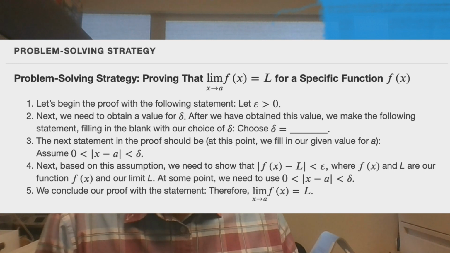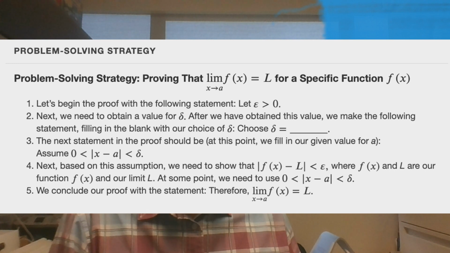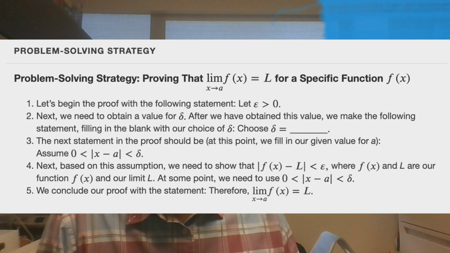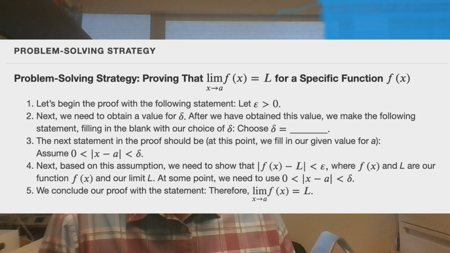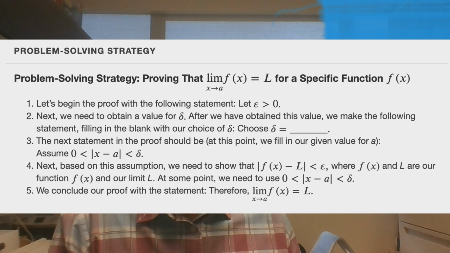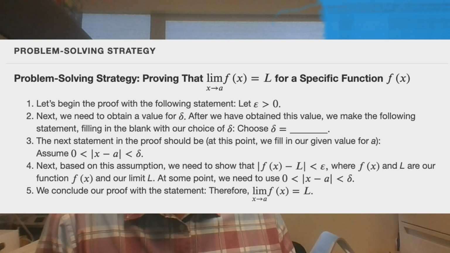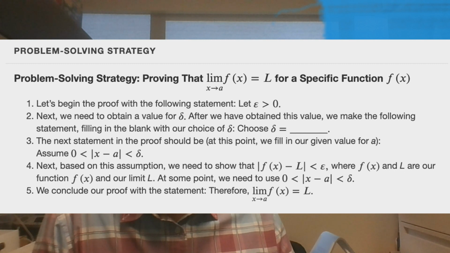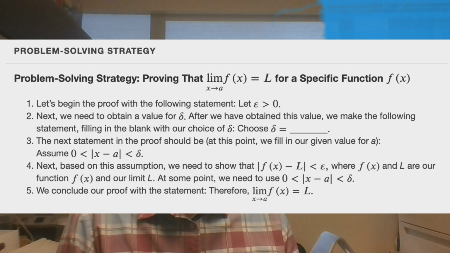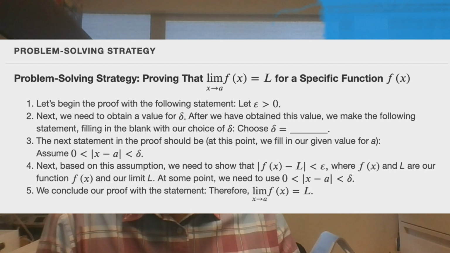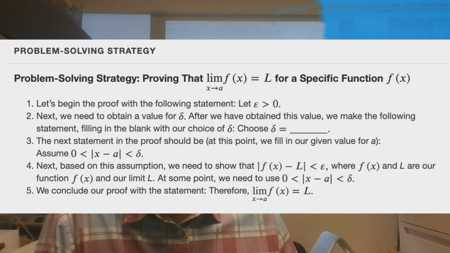Delta has to be some value that you're going to find, and you begin the restriction on delta by saying the absolute value of x minus a is less than delta. The 0 less than the absolute value of x minus a just means that we're not focused on when x equals a. We're not looking at the exact point, we're looking at the points around it. That's why 0 less than is included in your inequalities here.